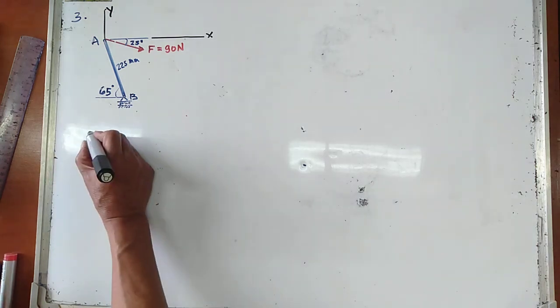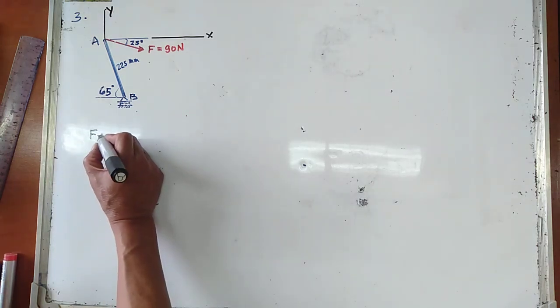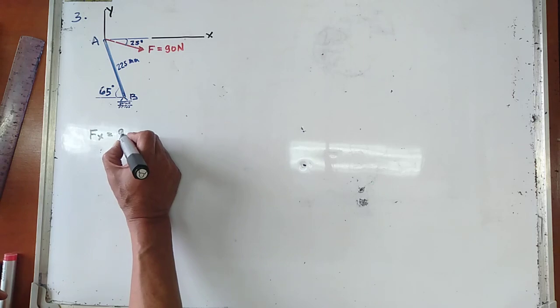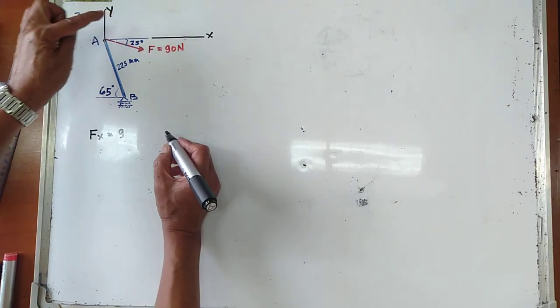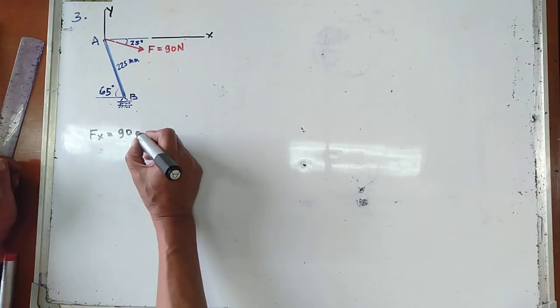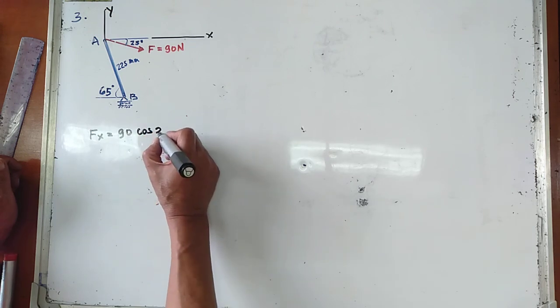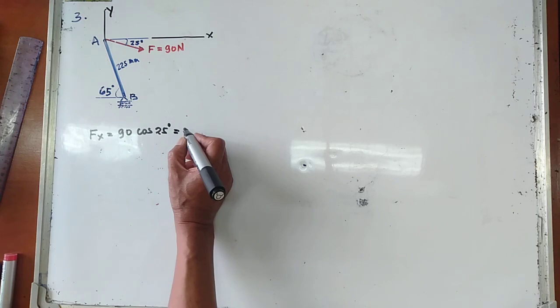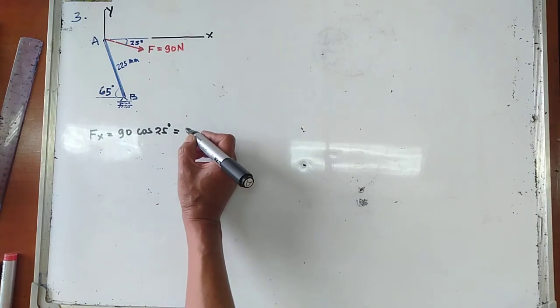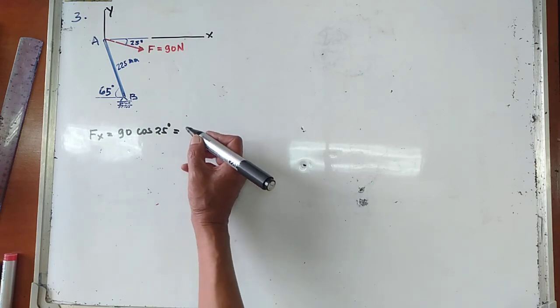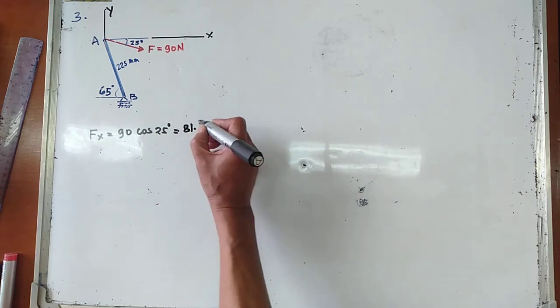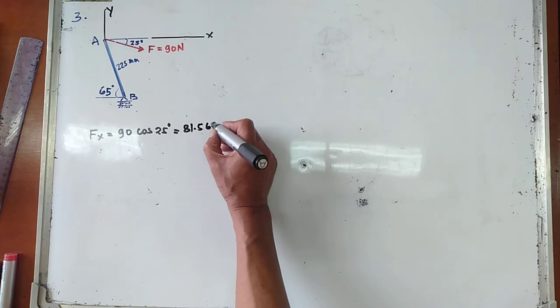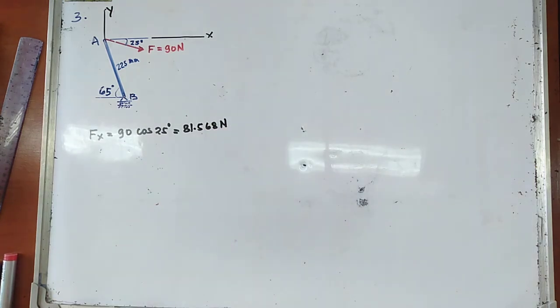So let's try to determine now the component of this force along the x-axis and along the y-axis. So your Fx in here is equal to 90 cosine of 25 degrees, and this one is equal to 81.568 newtons.